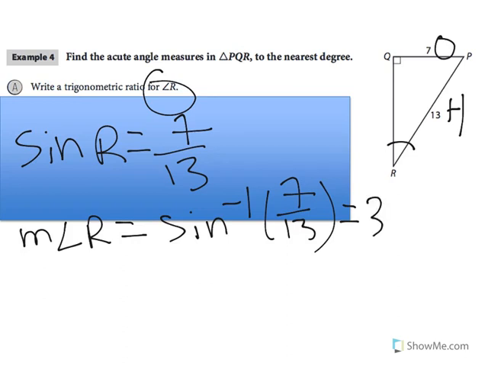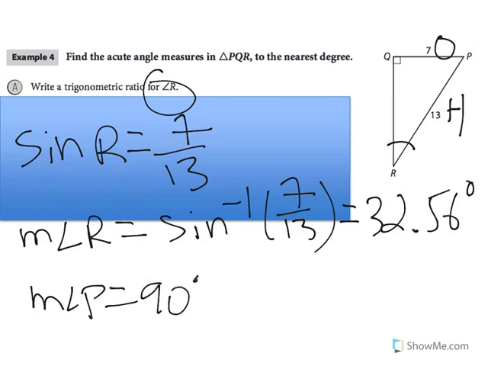So this gives us 32.56 degrees. So that means that the measurement of angle P is equal to 90 minus 32.56 degrees.